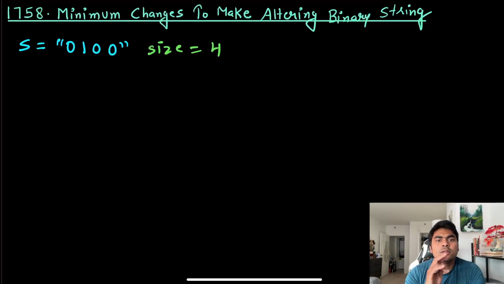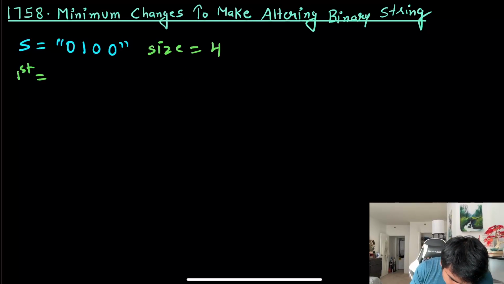What are the alternating strings that can exist of size 4? Since it's just 2 characters and you have to make it alternating, there are only 2 possibilities, right? The first possibility is that it starts with 0. So I will write it right here: 0, 1, 0, 1.